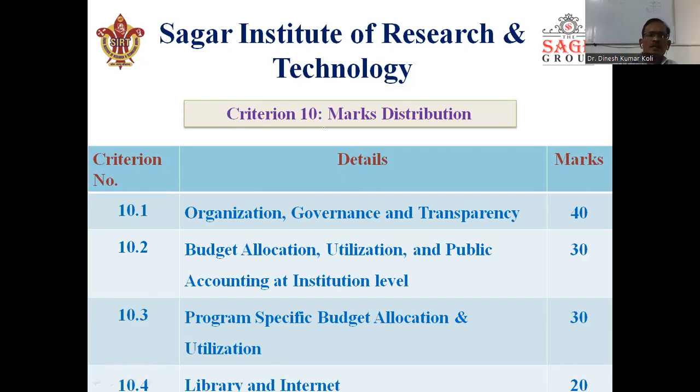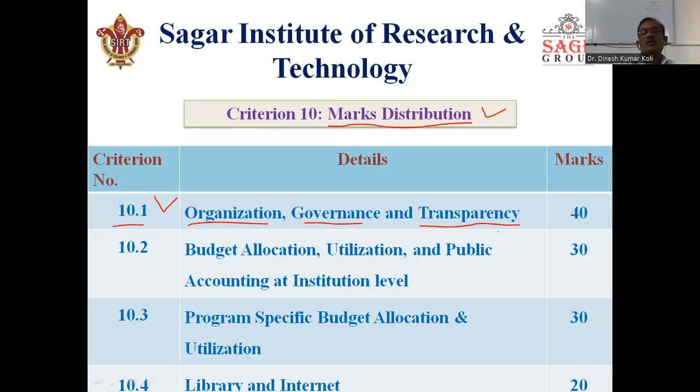Criteria 10 itself is of 120 marks, as we have shown. So it mainly consists of these 4 points. 10.1 is organization, governance, and transparency. What is the organization structure?